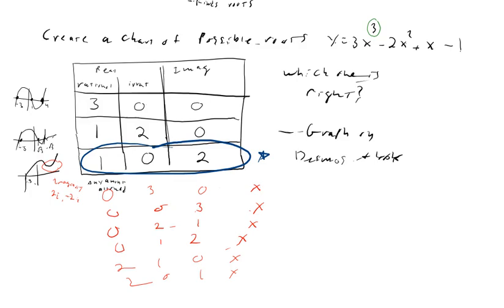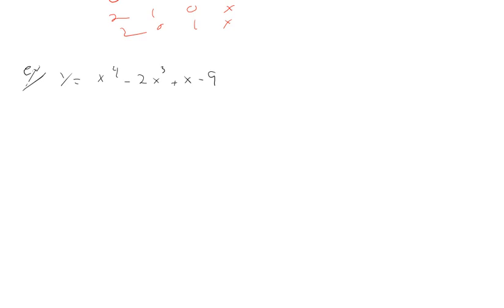Let's try another. If I have another equation, let's say y equals x to the 4th power minus 2x to the 3rd power plus x minus 9. There's my equation.